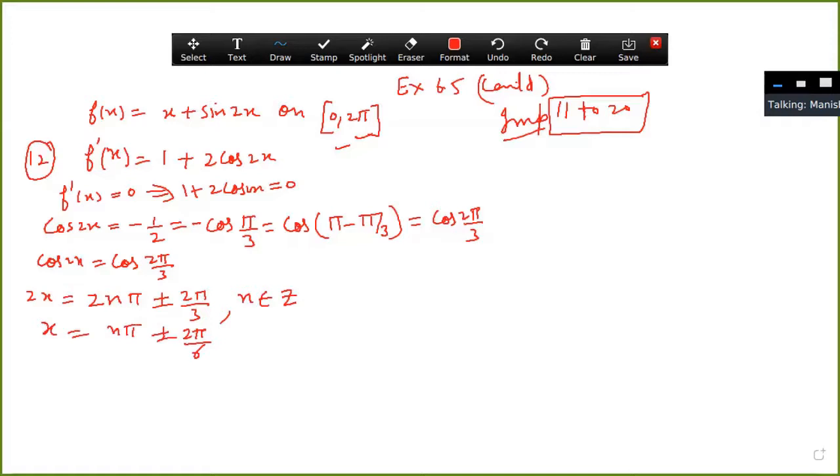Put the values of n, and you get x in the interval 0 to 2 pi.